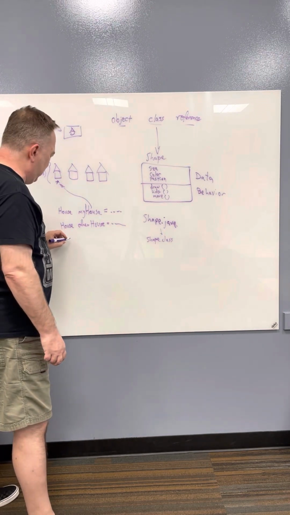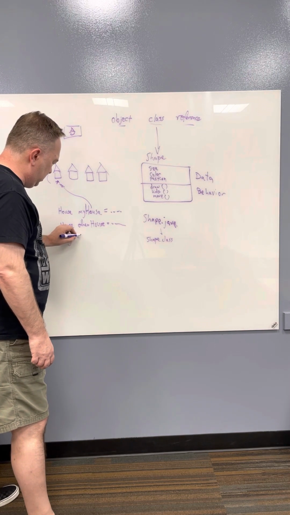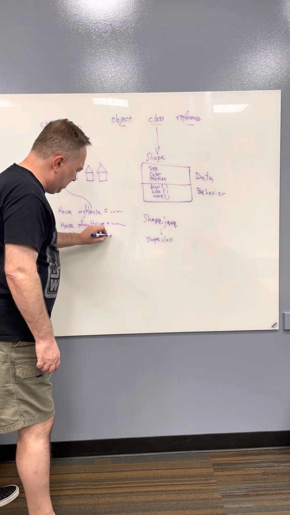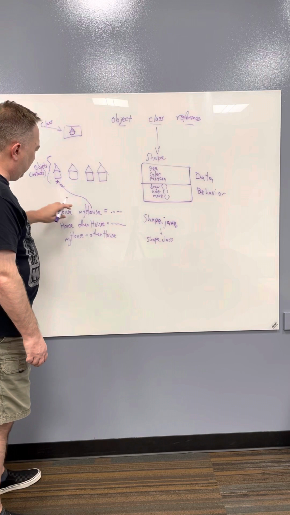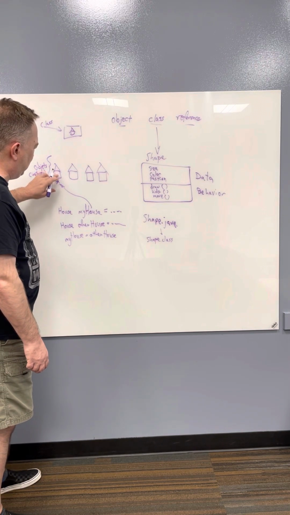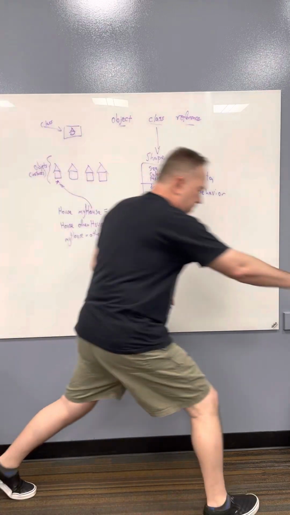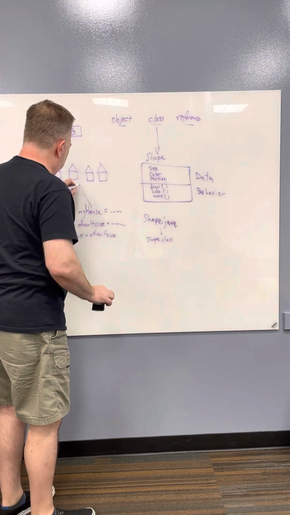Now if I come down here and I say, my house is equal to other house, now I've done something weird. I've not changed this object. What I've done is change this pointer so that now it points to this one.